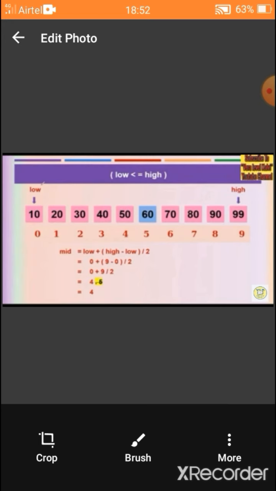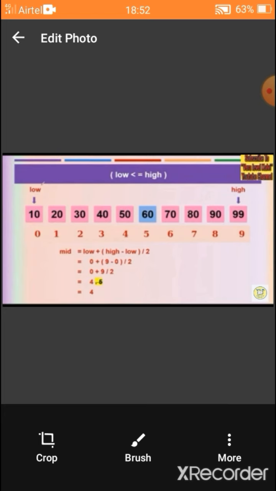What is our target key? 60. So now the middle value is compared with the target value. Remember the pseudocode. If the target key is greater than the middle value, our search must go to the right side.